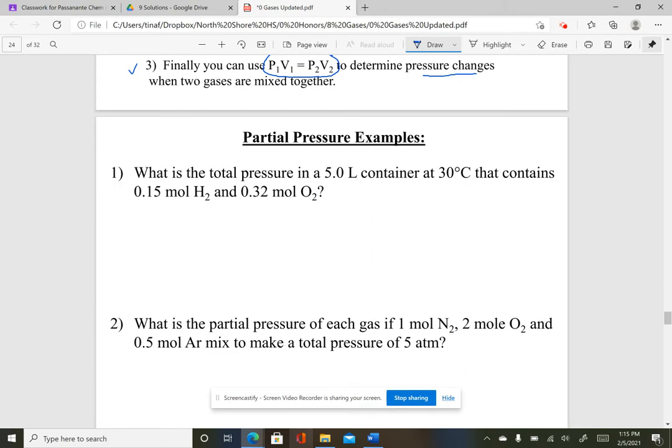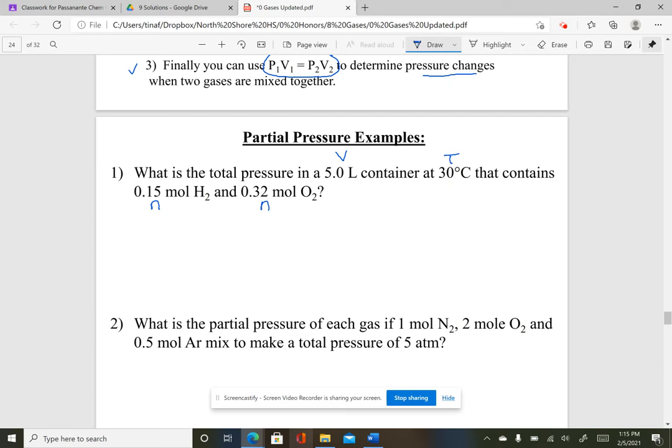What is the total pressure in a 5-liter container at 30 degrees Celsius that contains 0.15 moles of H2 and 0.32 moles of O2? So look, they're giving me a volume, they're giving me a temperature. This is an easy one, guys.